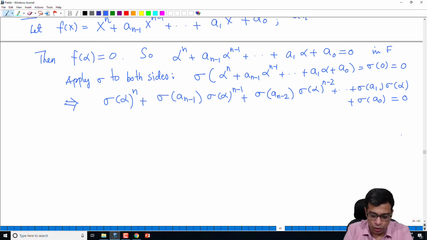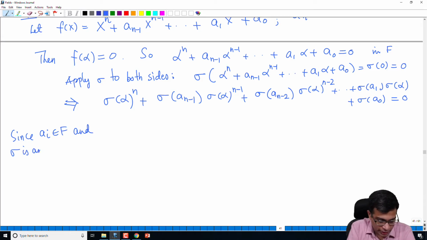Now what do we know about the sigma(a_i)'s? Since a_i is in capital F and sigma is an F homomorphism. What is an F homomorphism? It fixes every element of F.